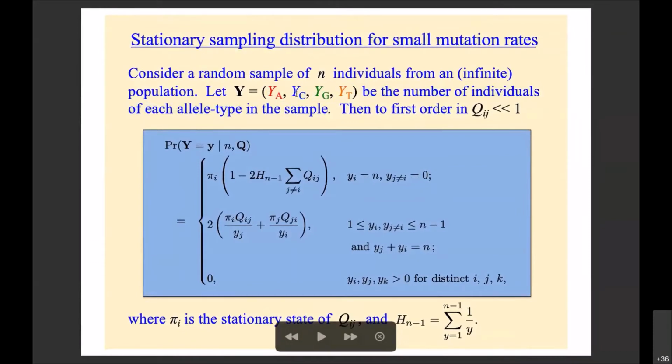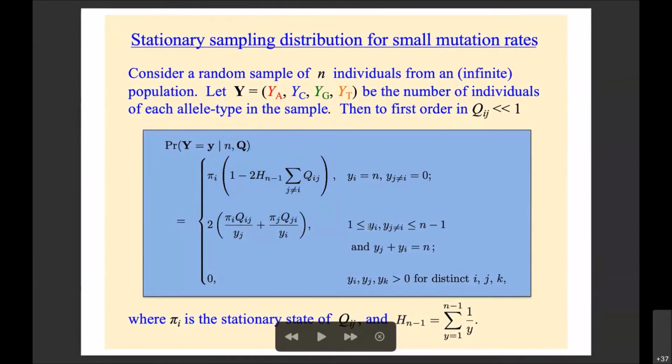Well, the sampling distribution we get out of our theory when we solve it says that there's a very high probability that the sample is non-segregating, that the entire sample is of the same type, and the other three alleles are just not accounted for at all in the sample. And that's the first line of the equation here.